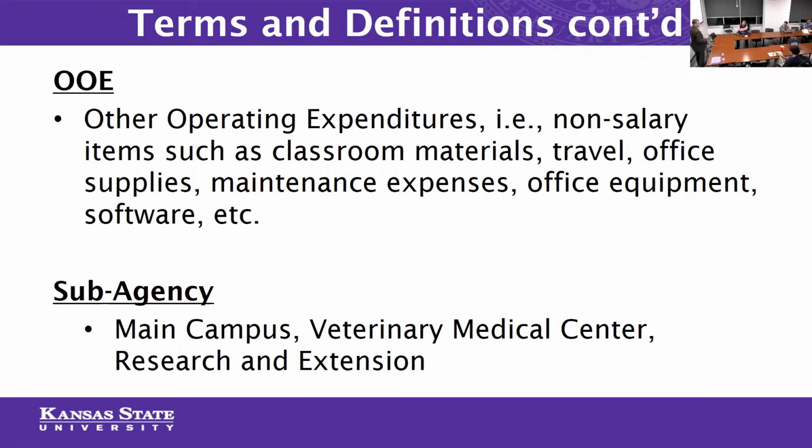Well, KU doesn't have a land grant mission, and they don't have a Vet Med Center. By separating these out, we can more easily compare K-State's main campus budget to KU's budget if you want to compare funding differences between the two institutions. There are lots of different ways to slice and dice the budget, and these are just a couple of them.